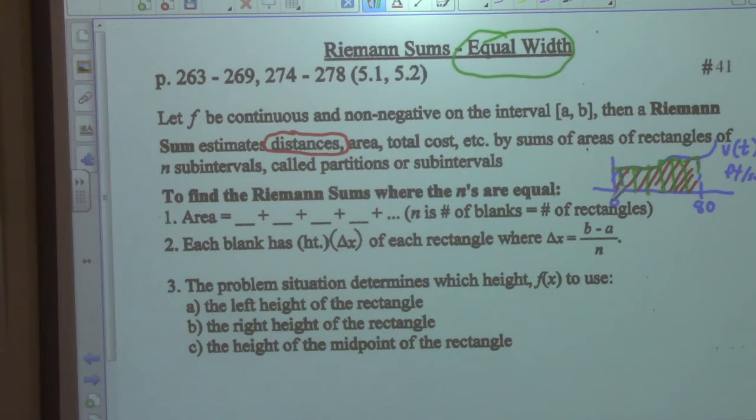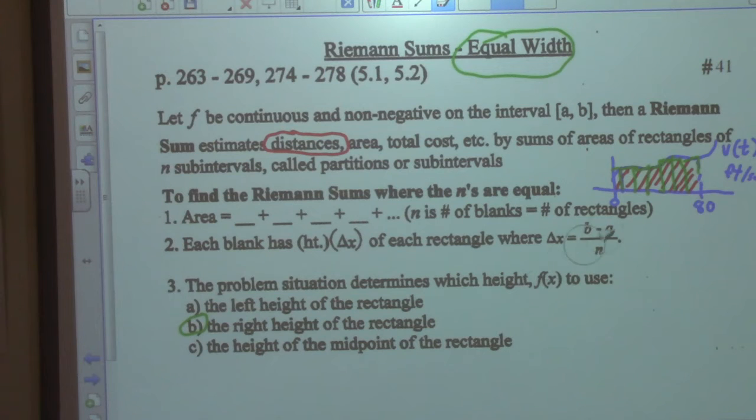So I would have 10 times something plus 10 times something, and you add up all these areas. In this case I used the right hand of the rectangle, so I went right up to this curve, and it's a right-hand Riemann sum. So that's just a little mini example.